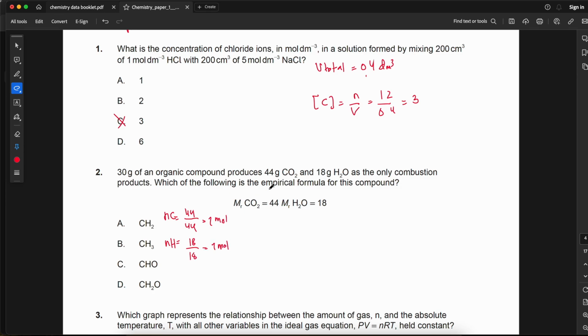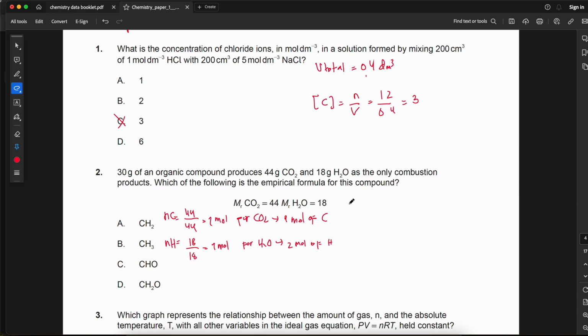Okay, so CO2 has only 1 atom of C, therefore it contains 1 mole of C, and H2O contains 2 moles of H, as it is H2.